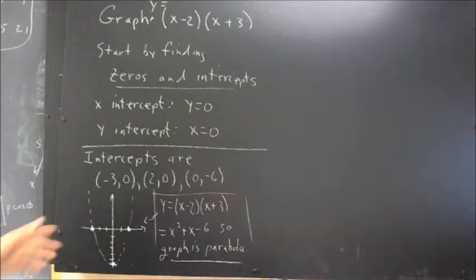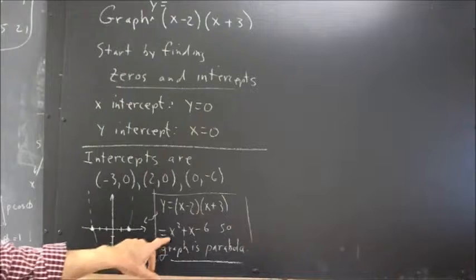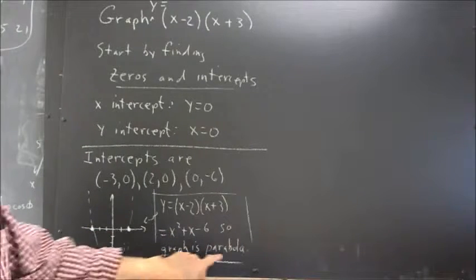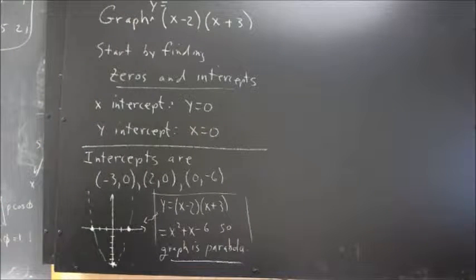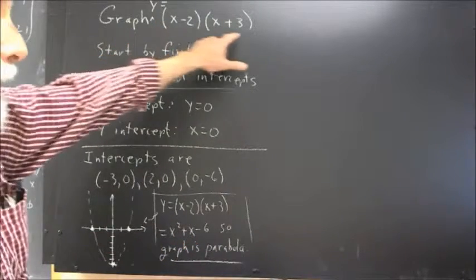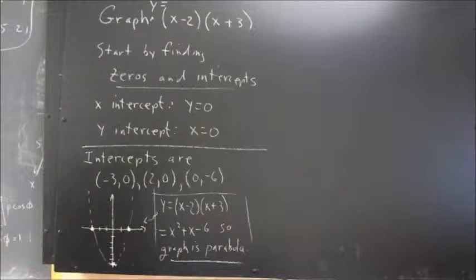Another thing we know is if we multiply this out, we get a quadratic function, therefore its graph is a parabola. And if you're given a quadratic function, and if you can factor it like this, then it's very easy to find the zeros. Of course, the intercepts are easy to find in any case.